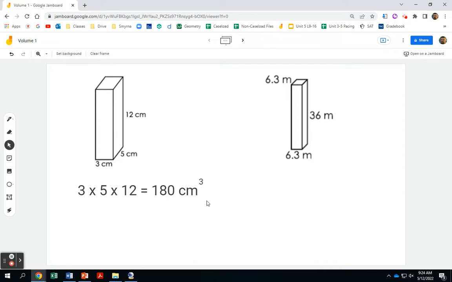All right. Let's do one more on page 1, number 2. Again, you multiply the sides. You've got decimals here, but you're not worried about that because you have a calculator. 6.3 times another 6.3 times 36. What do you get there?